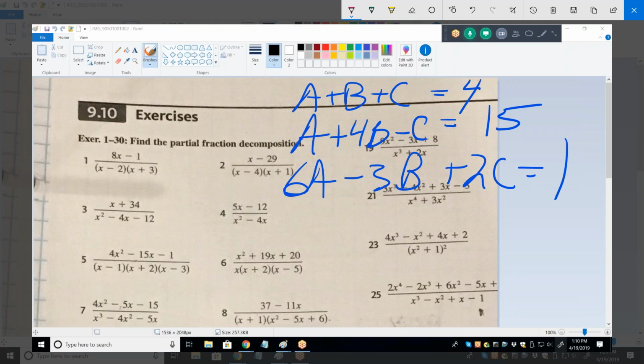All right. How do we solve? Well, we might as well talk about this because this is something that's important. How do you solve 3 equations and 3 unknowns? Let's call that equation 1, 2, and 3. We can start by eliminating a variable?